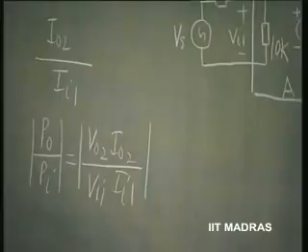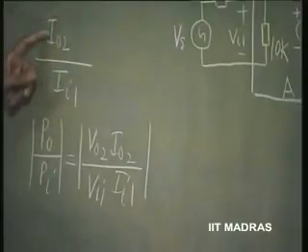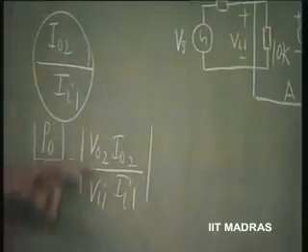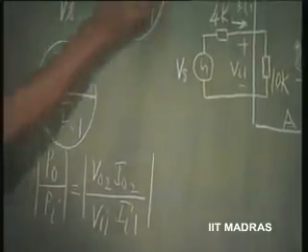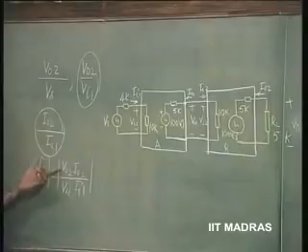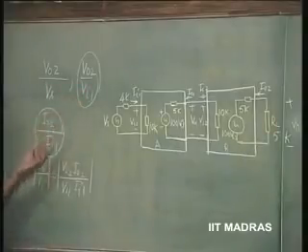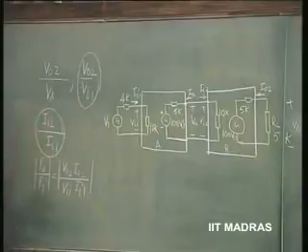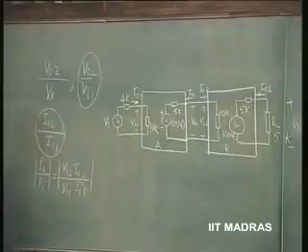So it is very clear that if we evaluate the current gain and the voltage gain, we will get the power gain. This is just multiplication of what we are given. So basically we have to evaluate this, this and this. This is self-explanatory. Now we will do it step by step.